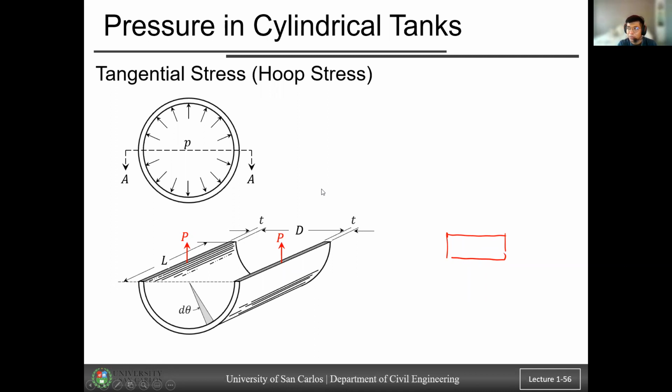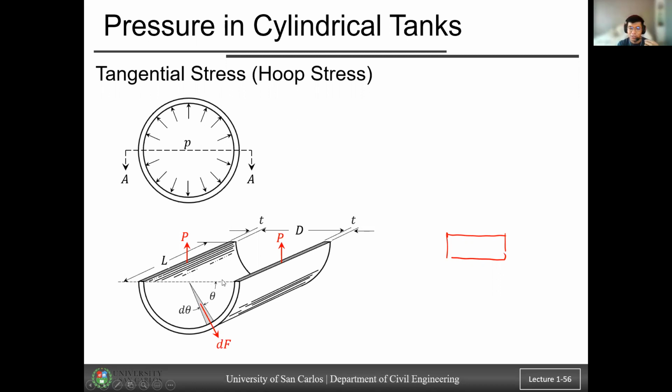If you remember the sector integration aspect. So this is your differential F. That's the differential force because again, that only concerns a certain aspect of the tank, right?